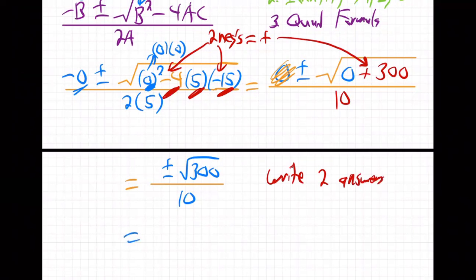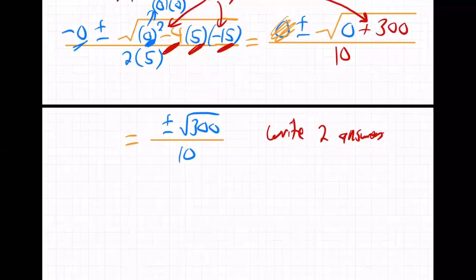I'm just going to say it's plus the square root of 300 over 10. Oh, wait, no, I'm sorry. That's not true. Let me help here. The square root of 300, yeah, we do actually have to simplify that. Yeah, this one is a little bit tricky. Yeah, let me show you. Sorry, I'm realizing now there's a trick here.